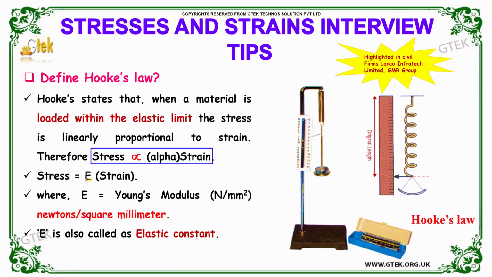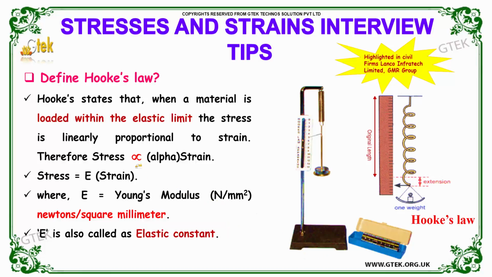Stress is equal to E times strain, where E is your Young's modulus, and its unit is Newton per millimeter square. E is also known as the elastic constant. So this is your Hooke's law.